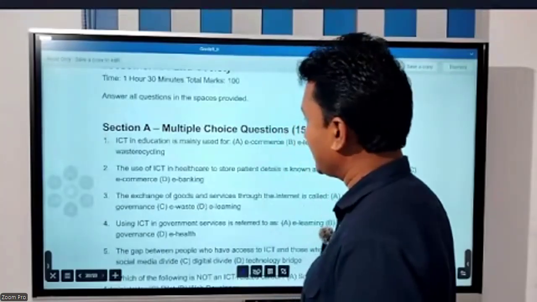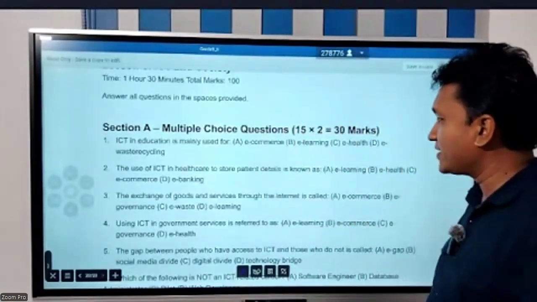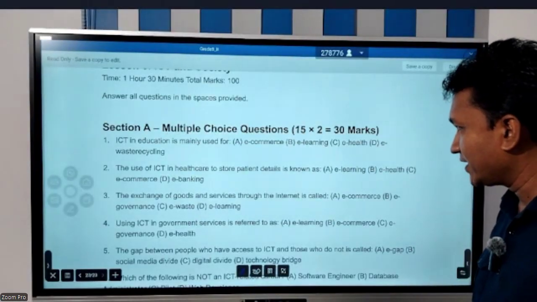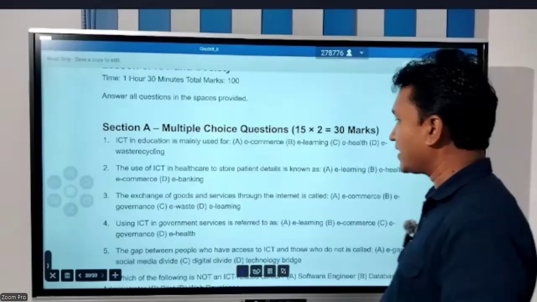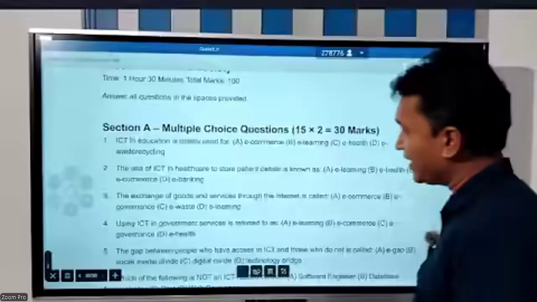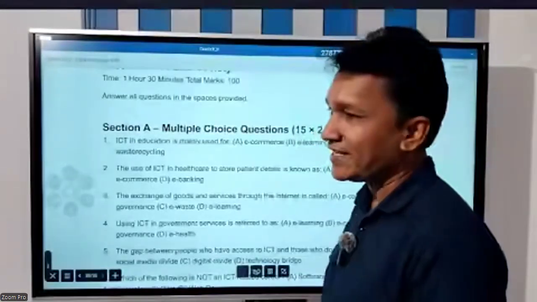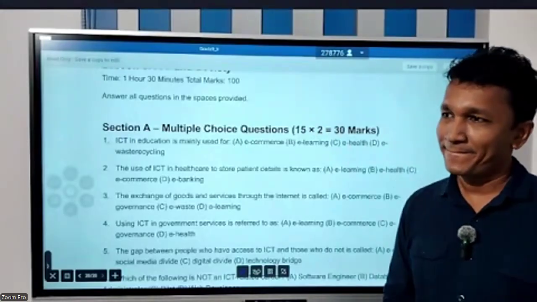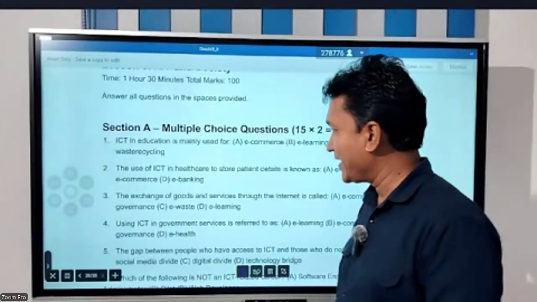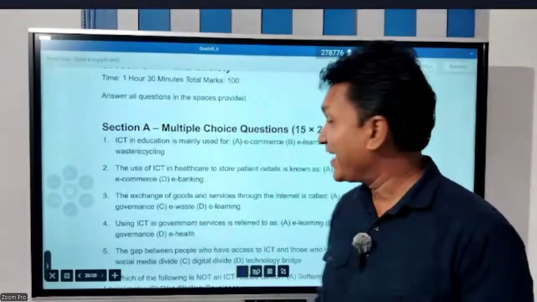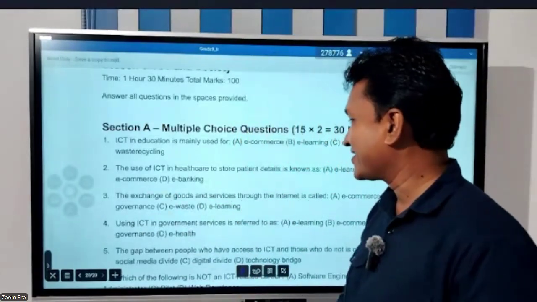Third one, the exchange of goods and services through the internet is called e-commerce, e-governance, e-waste, e-learning. E-governance, is it? Exchange goods and services.